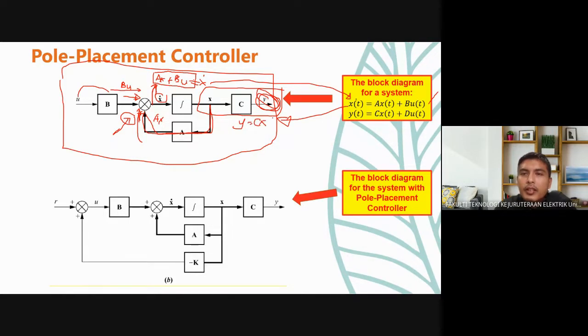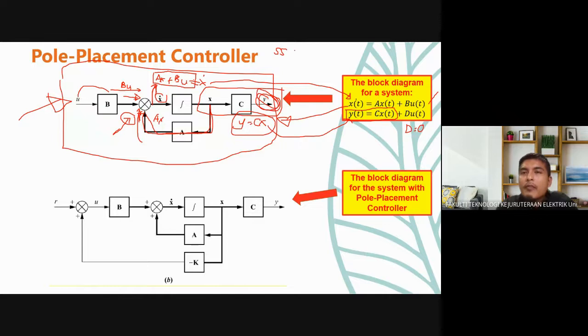So actually, this is referred to this part, because normally we always assume D equal to 0. That's why Y equal to Cx only. So it means that this is the block diagram of the state space.